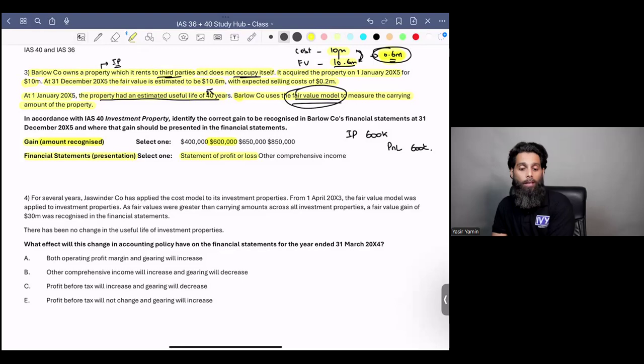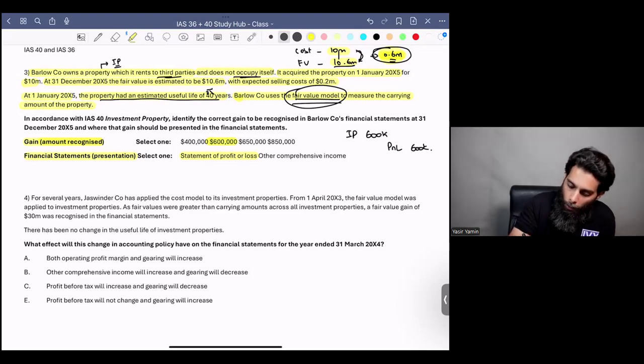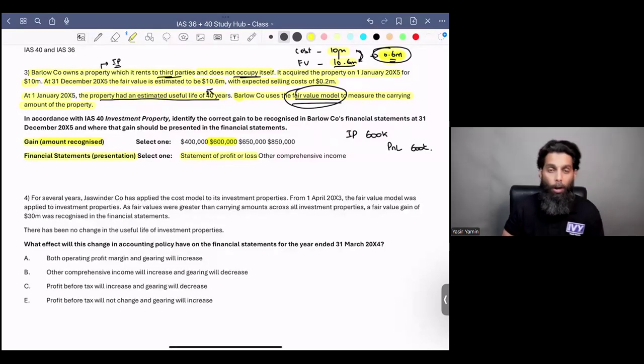Your answer should be statement of profit or loss and not other comprehensive income. Understood? In your examination, it will be a drop down. You will have to select this option and this particular option to make it a correct combination. Make sense? Let's move towards the next one.